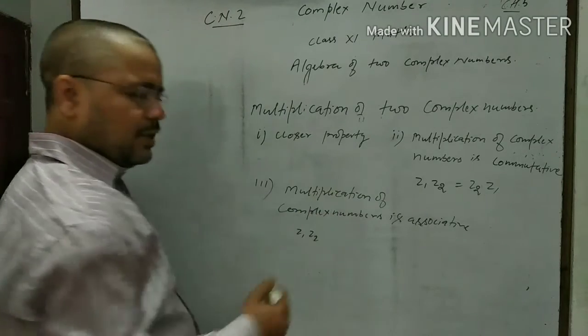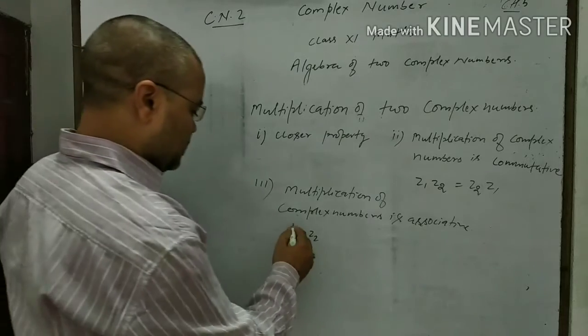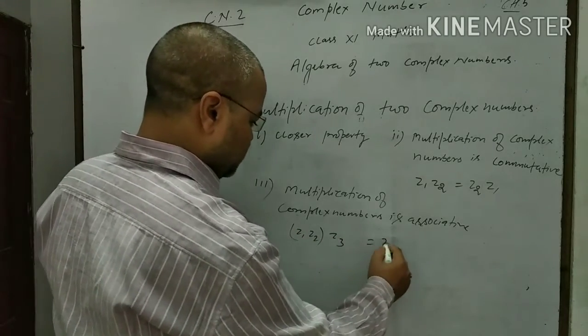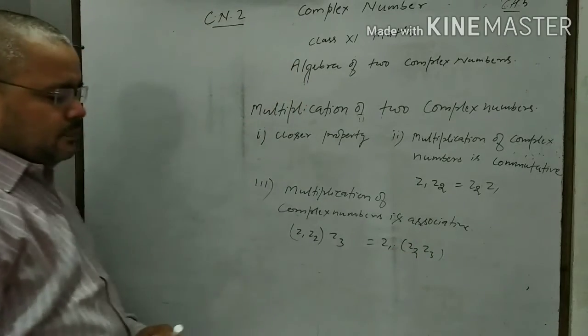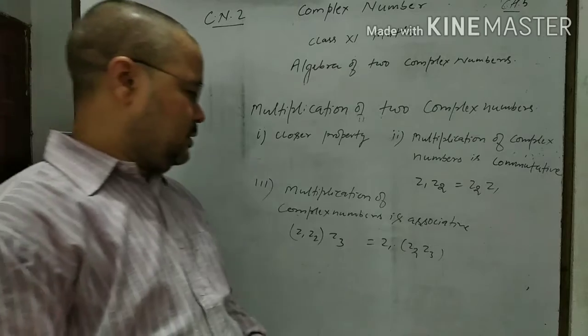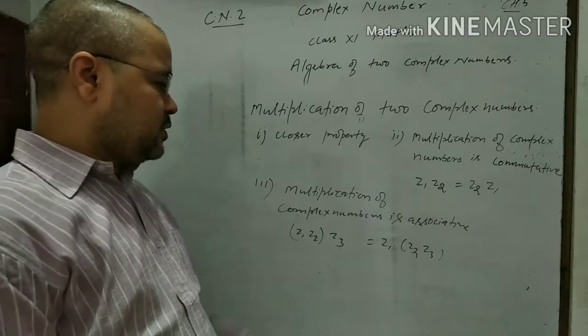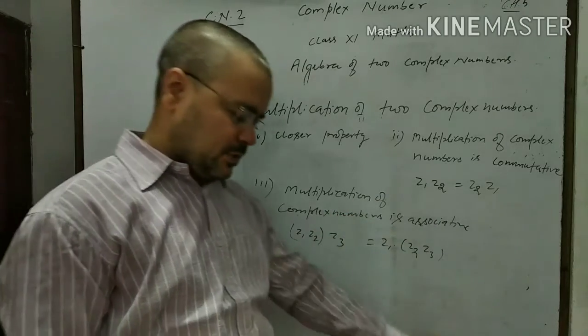If we have three complex numbers Z1, Z2 and Z3, then (Z1 Z2) Z3 is equal to Z1 (Z2 Z3). This is the associative property for multiplication in complex numbers.